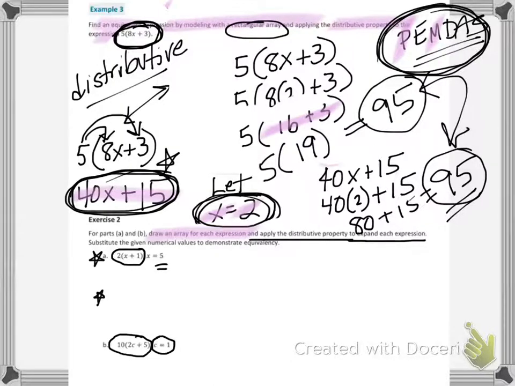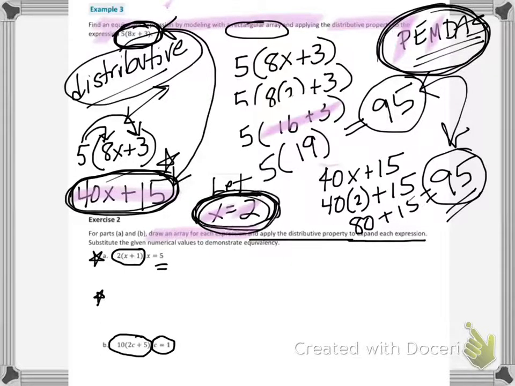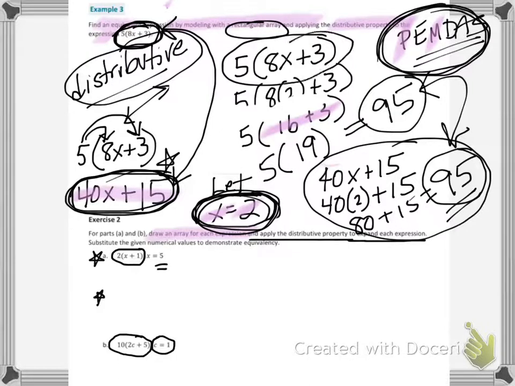We found an equivalent expression using the distributive property, and then plugged in 2 for x into this expression, and also into this expression. So go ahead and do that, see how far you can get, and come on back and check with me.